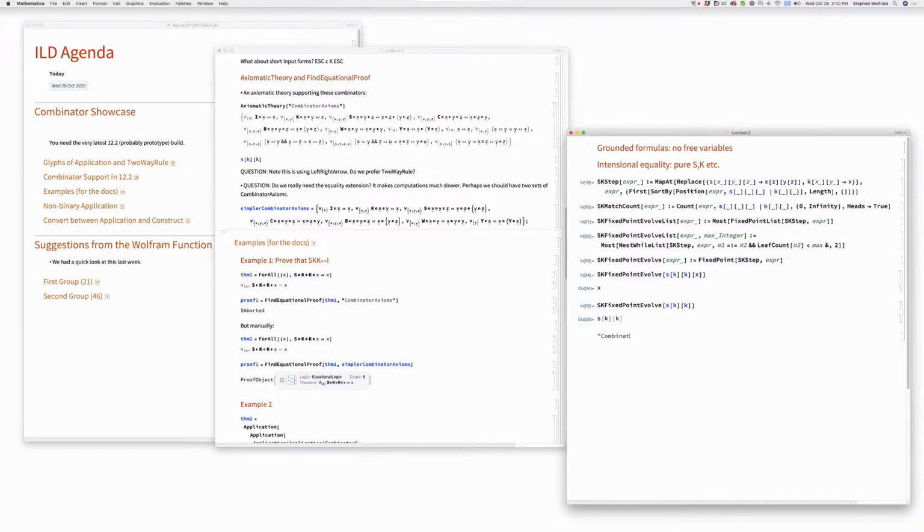Would that make sense if we call them combinator nominal axioms? And those are the ones that just have the S and K stuff in them. And combinator equational axioms. Does that make any sense? Jonathan, others? Jonathan, can you comment?